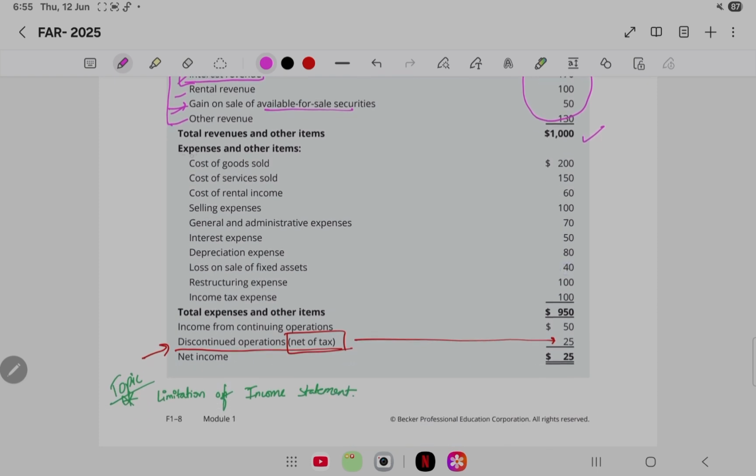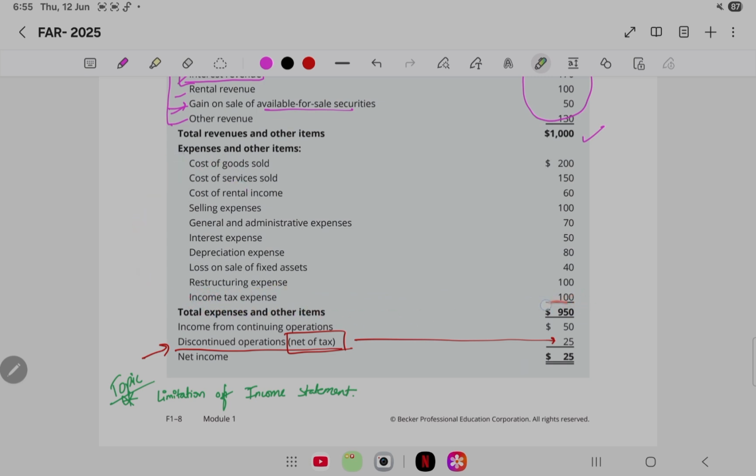Then we subtract the expenses: cost of goods sold, cost of services, rental, selling expenses, general and administrative expenses, interest expenses, depreciation, loss on sale, which is non-operating, restructuring, non-operating, income tax. I have told you now that we do not show them separately, we just include them in the expenses head.